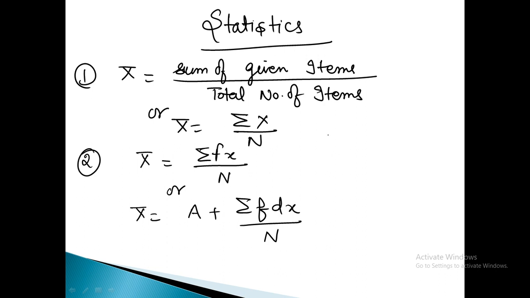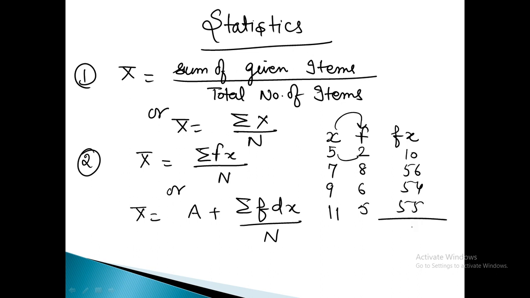Here x is given, for example 5, 7, 9, 11. F is frequency, given as 2, 8, 6, 5. And fx will be, when we multiply this line with this line, 10, 56, 54, 55, and take the total sigma fx, and its total is known as n, and put the value here, and you can calculate the mean.